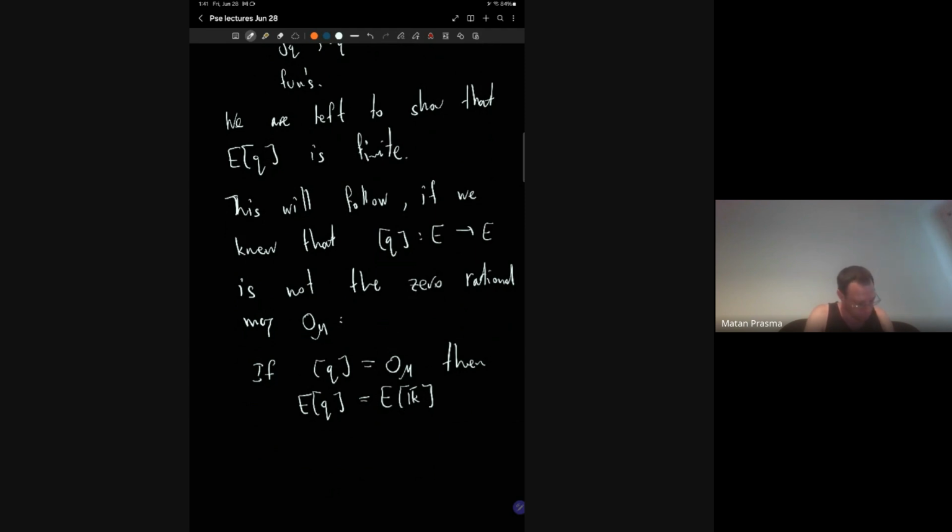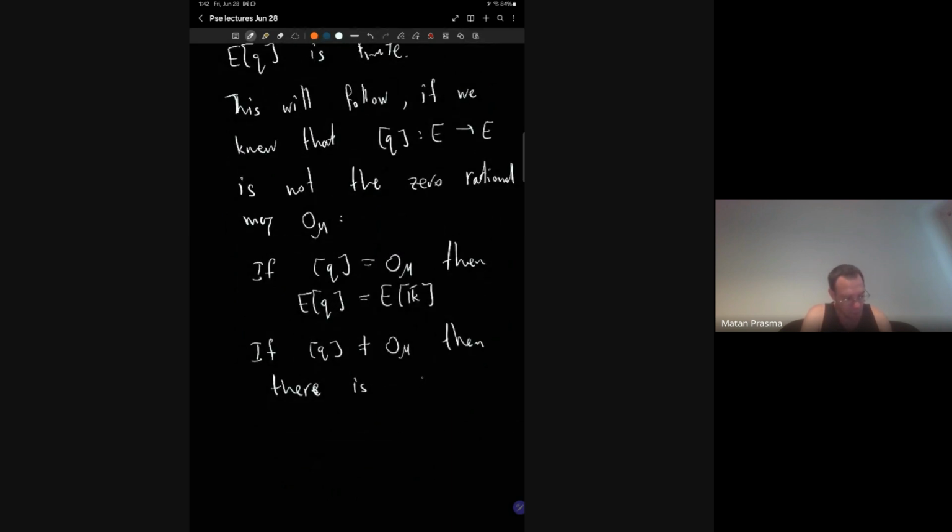If a_Q is different from the zero map, then there is, let's put it like this, a point P in E such that QP is not the zero element.